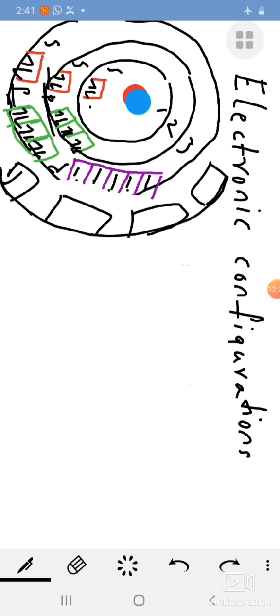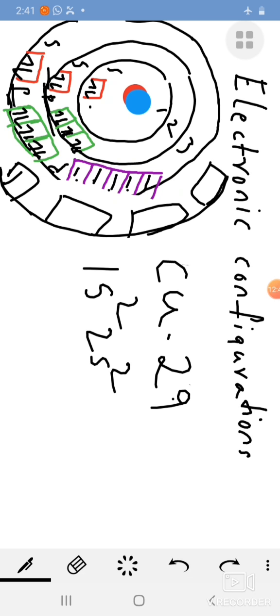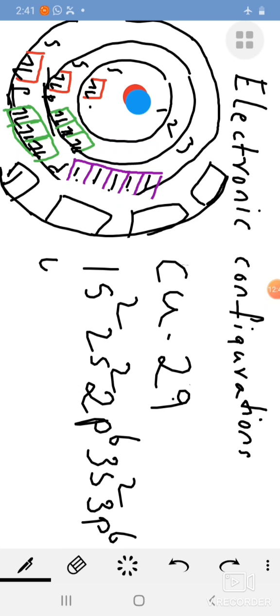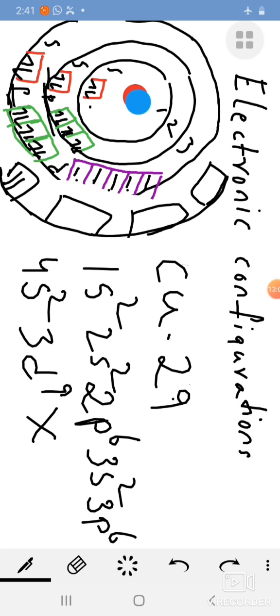Copper's atomic number is 29 and its electronic configuration is 1s2, 2s2, 2p6, 3s2, 3p6, 4s2. Actually 2 electrons are in the 4s orbital and 3d9, but it is not correct. The 3d orbital has 9 electrons, 1, 2, 3, 4.